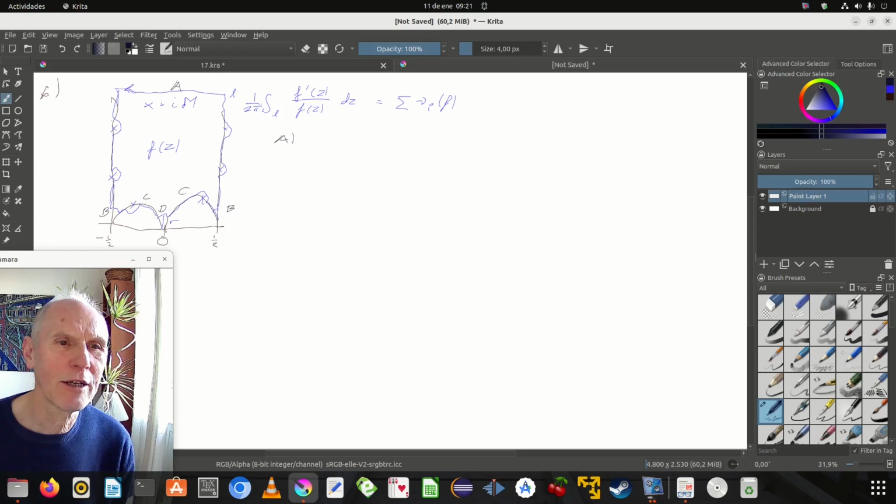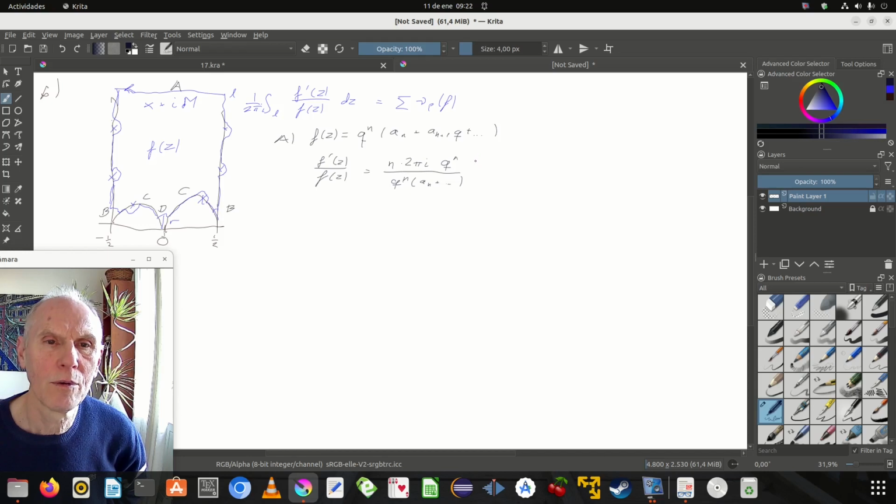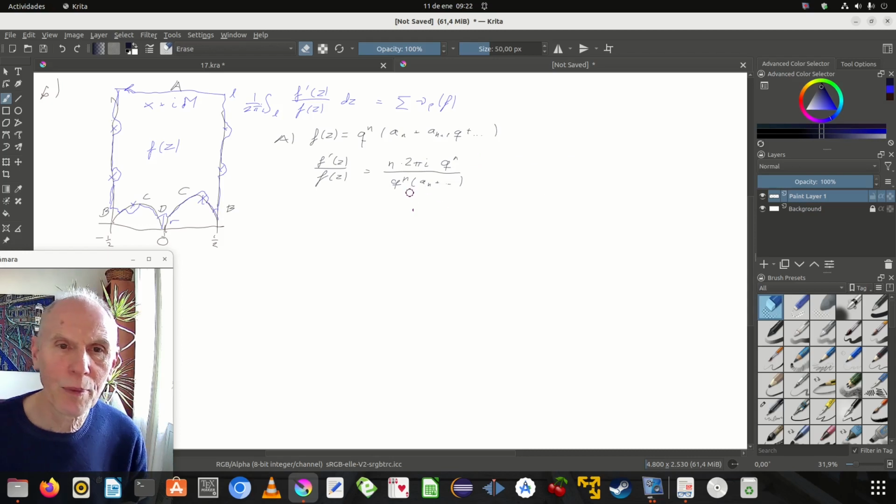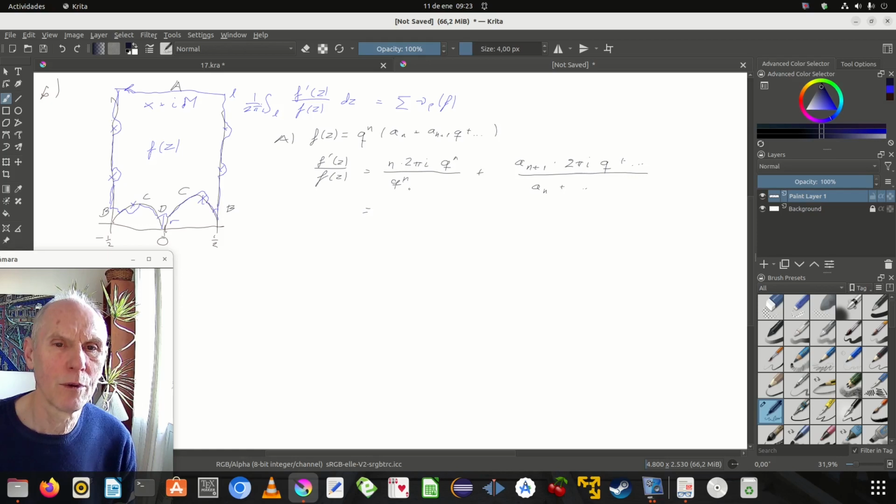They already did that in the book, but I'll do it again. In the q-expansion, if it's a zero of order n, that's ridiculous. Plus something that will tend to naught.